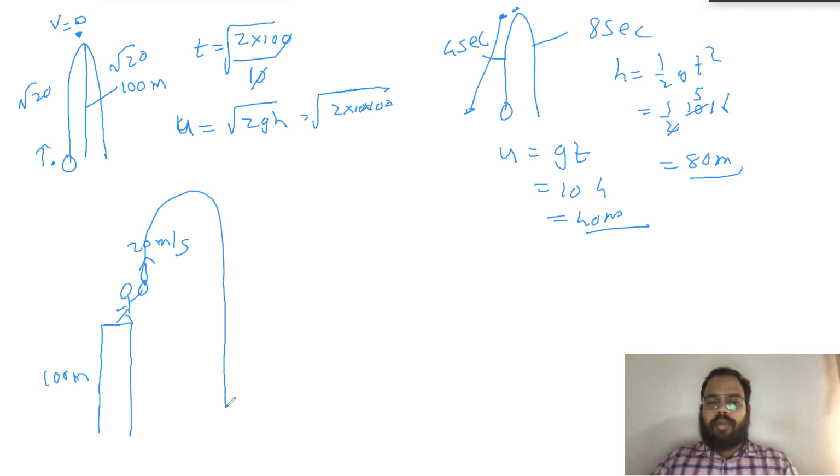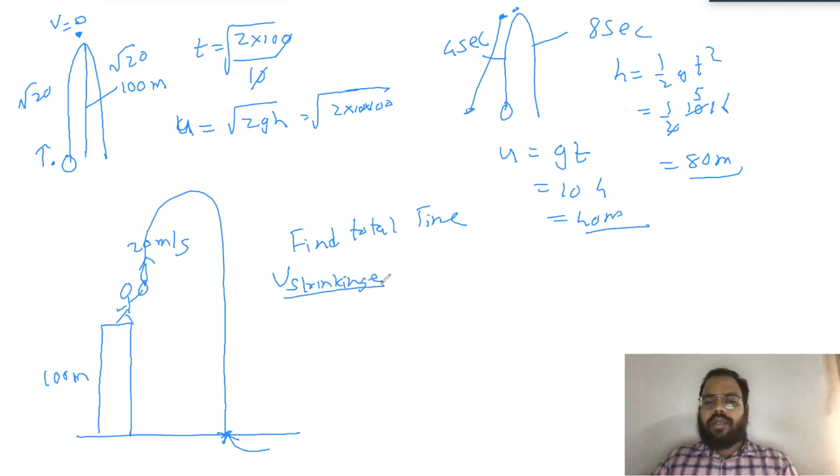The ball will go up and come down. You are asked to find the total time and the velocity with which the ball strikes the ground, that is Vs, the striking velocity. Okay, take 2 minutes and try.